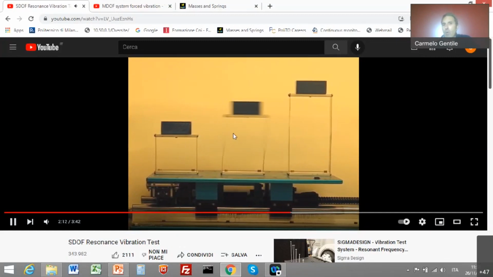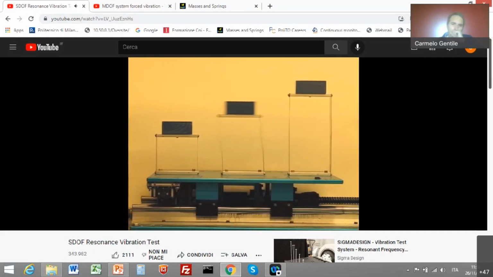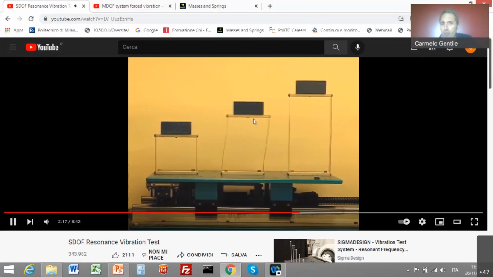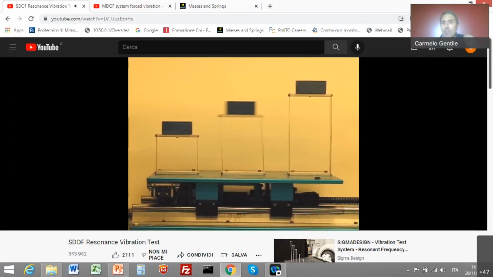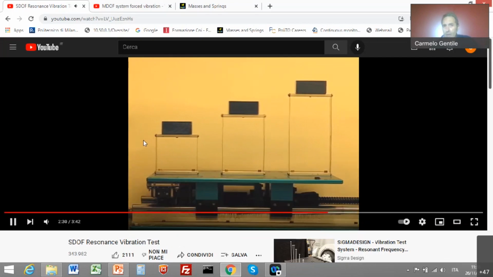So now we will see a very large acceleration and a very large displacement. But since this displacement is very large, it means that the force generating that displacement is also very large.